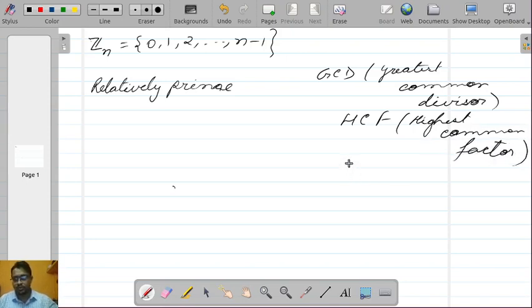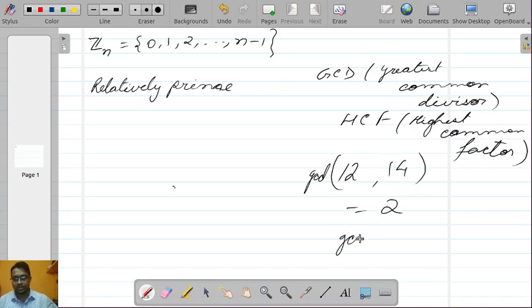So suppose the HCF or GCD of 12 with 14. That is 2. 2 is the highest common factor between these two. 12 can be written as 2 into 6 and 14 can be written as 2 into 7. So there is no other common factor which is larger than 2. So here GCD of 12 and 14 is 2.